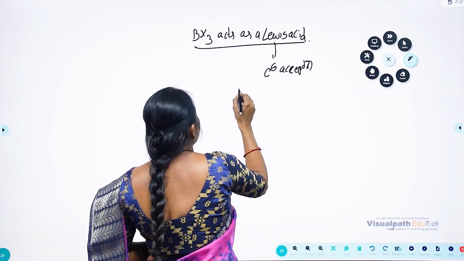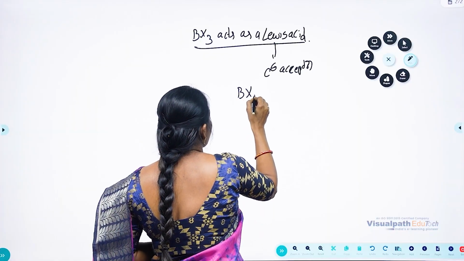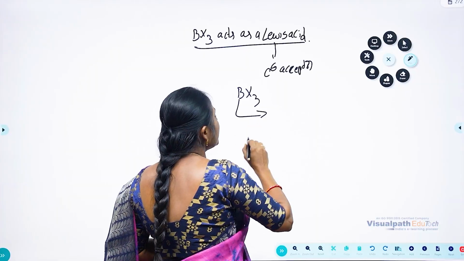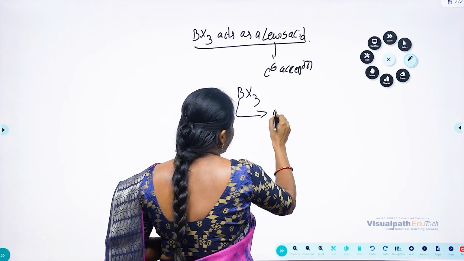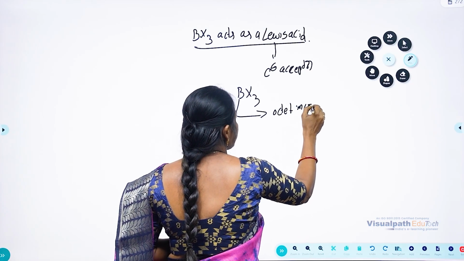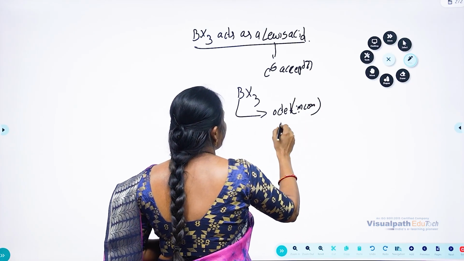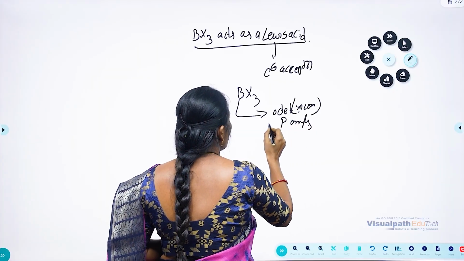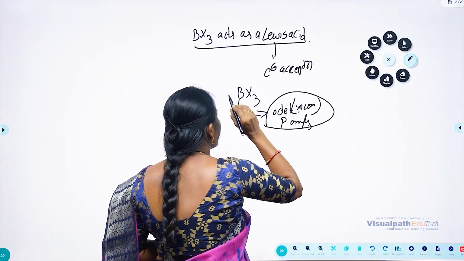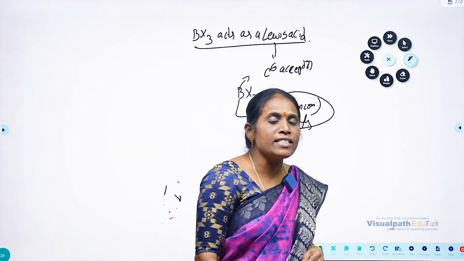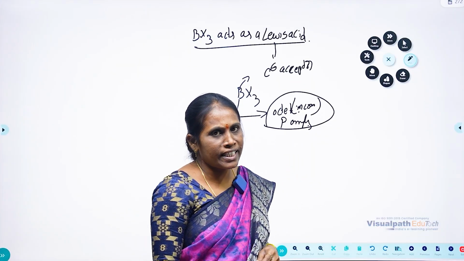So in this BX3 molecule, the boron has an incomplete octet configuration and also empty p orbitals. Due to these two reasons, it acts as an electron deficient molecule.